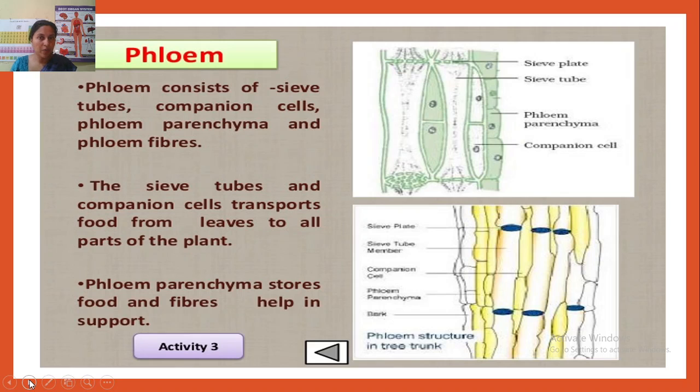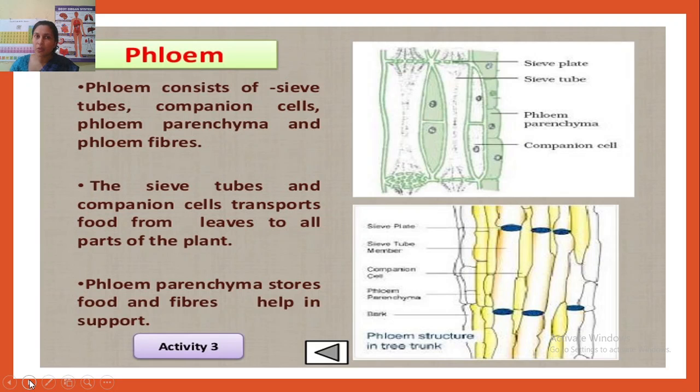Phloem tissue is involved in transportation of food throughout the plant, which is known as translocation. Phloem tissue also consists of 4 basic types of cells: the sieve tubes, companion cells, phloem parenchyma, and phloem fibers.